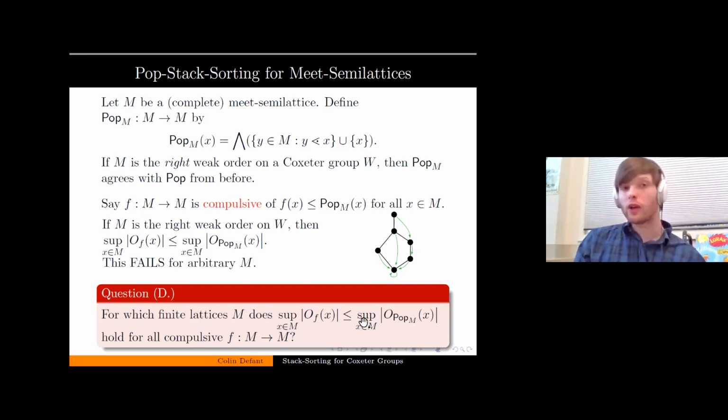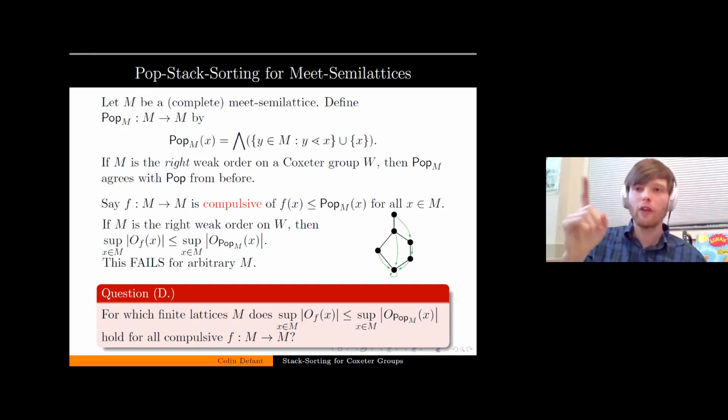And even if this is really hard to prove, I still think it would be interesting to have a sufficient or necessary condition for when this holds. For example, a sufficient condition where you say, if my finite lattice satisfies such and such property, then this inequality will hold for every compulsive map f.